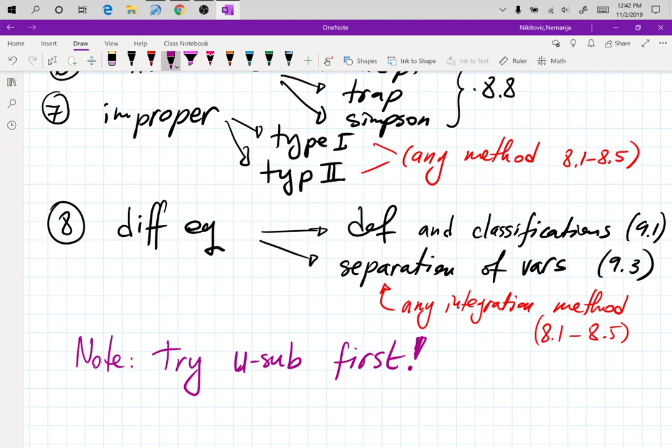A partial fraction decomposition question with a hidden U sub is the biggest slap in the face on this exam, because partial fraction decomposition takes a very long time to solve, and U sub is a joke.